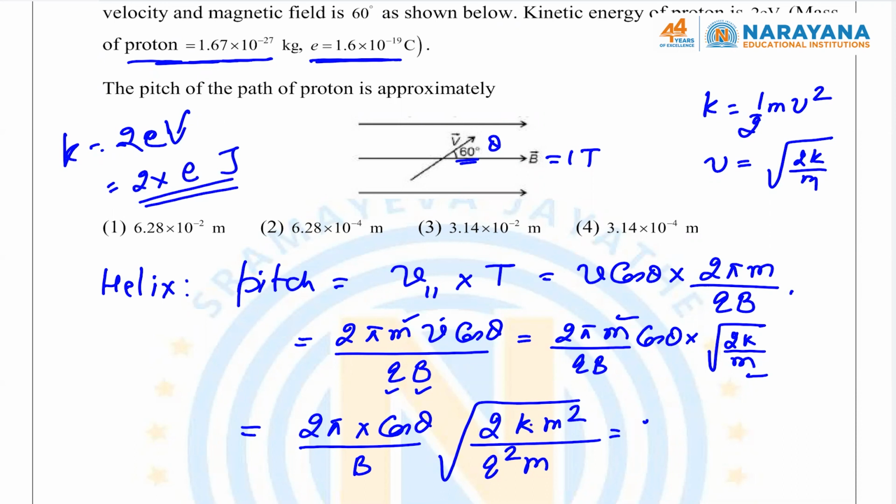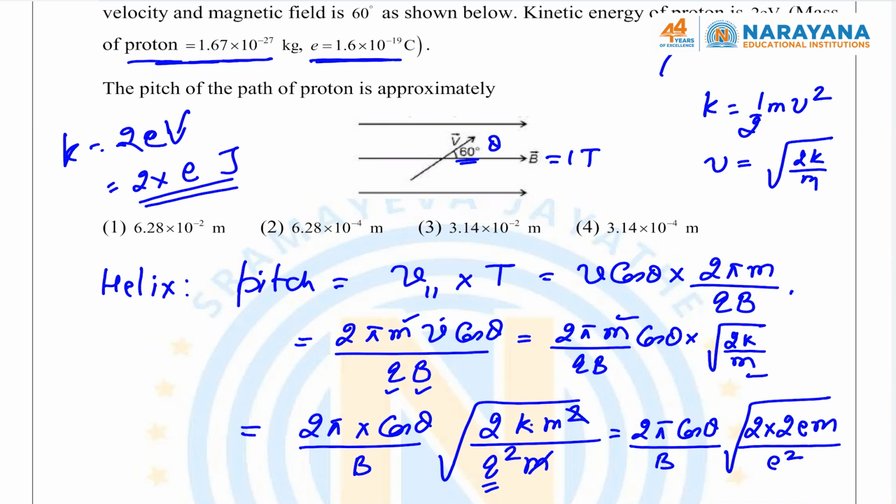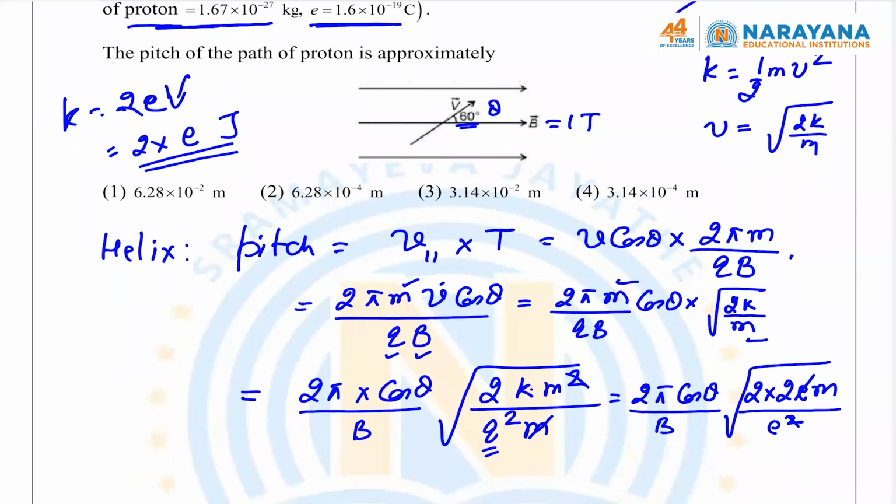So I'll write this K as E into V. This is also E. So this is 2 pi cos theta by B square root. This 2 comes from this factor 2, which is given into E, and this m cancels out, and this is E square. So one of the E will cancel out. Now you can plug in the values and solve. That will become easy for you.